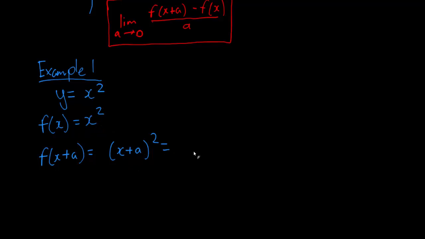If I expand this out, I'd get x squared plus ax plus ax plus a squared. So I could write that simply as x squared plus 2ax plus a squared. So we've now got everything we need to put into this.